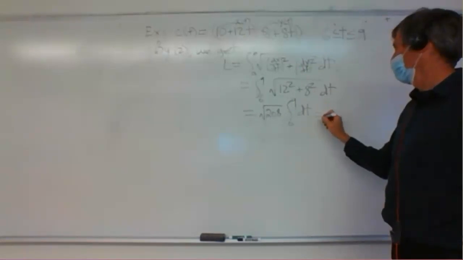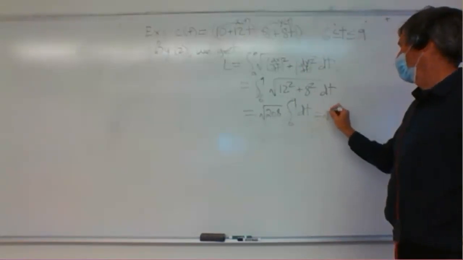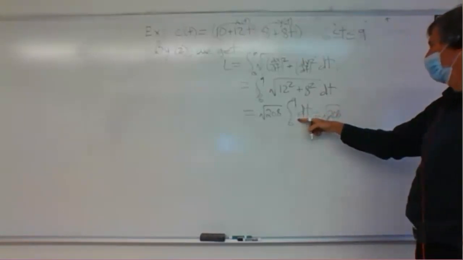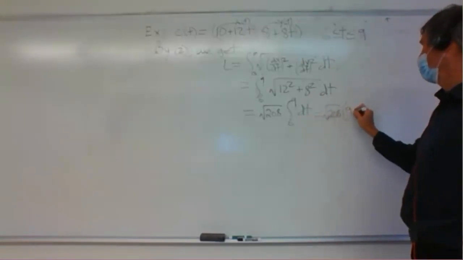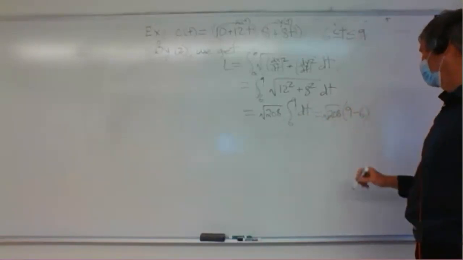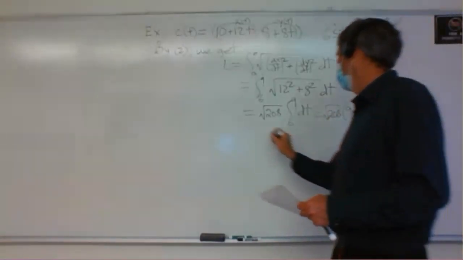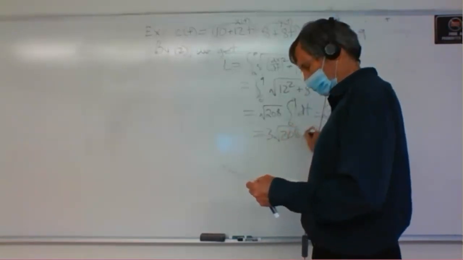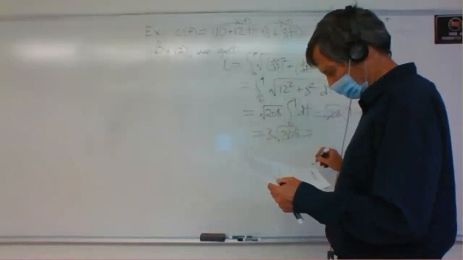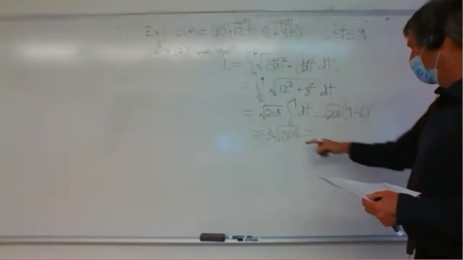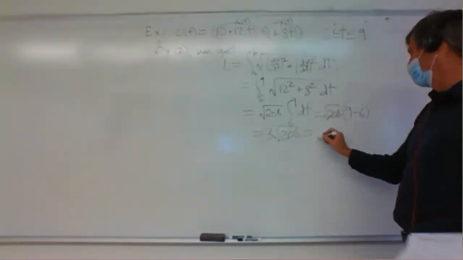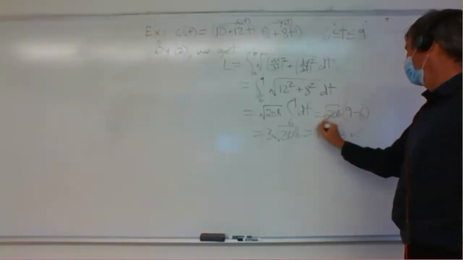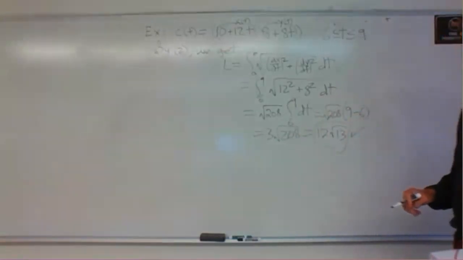So it's square root 208 times, when you integrate 1, you get t. So this just becomes 9 minus 6, which is 3 square root 208. Hopefully it comes out to be, this is 4 square root 13. So it becomes 12 square root 13, sure enough. The arc length formula gave us the value we expected by the Pythagorean theorem.